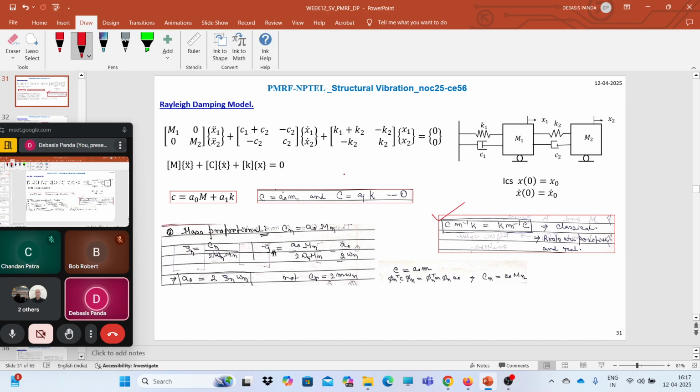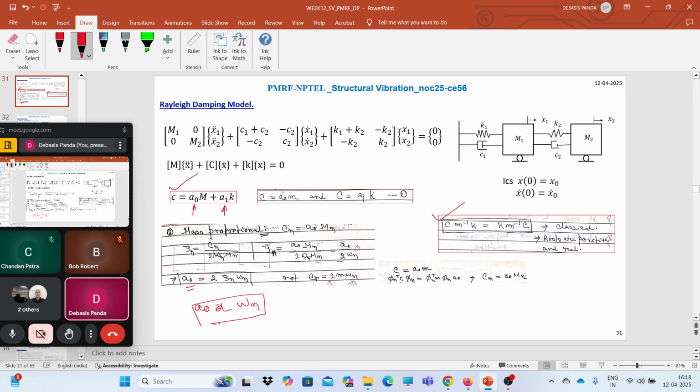So here we have seen that for the Rayleigh damping model, we have one mass dependent parameter and one stiffness dependent parameter. Once we have solved all these things, we have seen that the mass proportionality, A naught, is directly proportional to your natural frequency omega n.